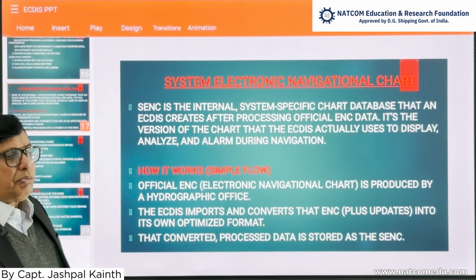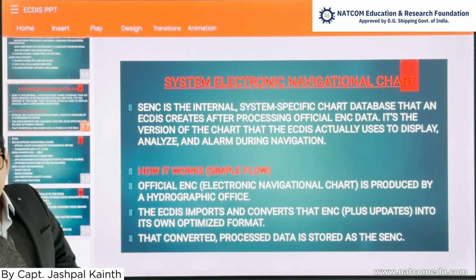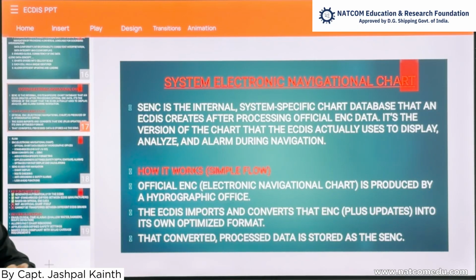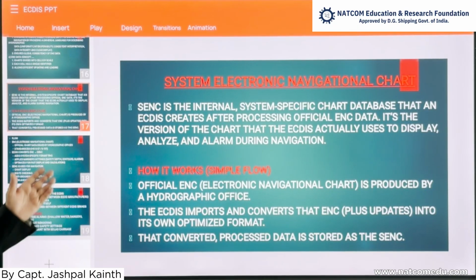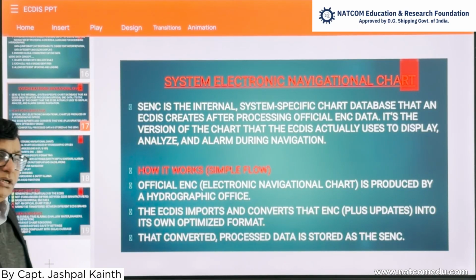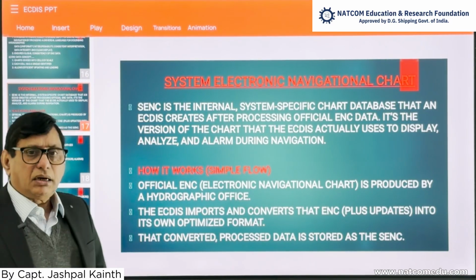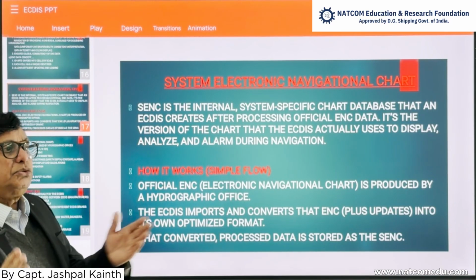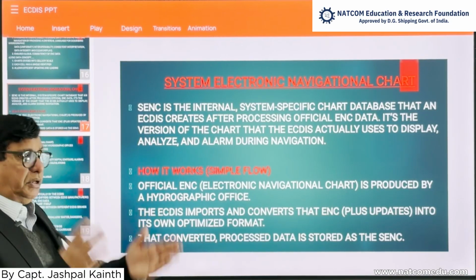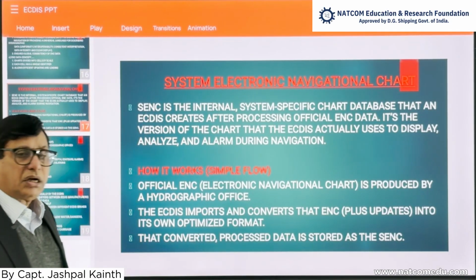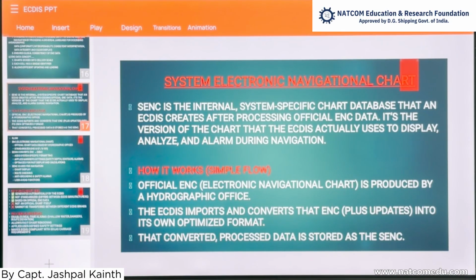That means whenever you are loading the ENC, which is actually data, into the ECDIS, which already has a system preloaded with a SENC, you can convert that ENC data and you can see the complete display chart.